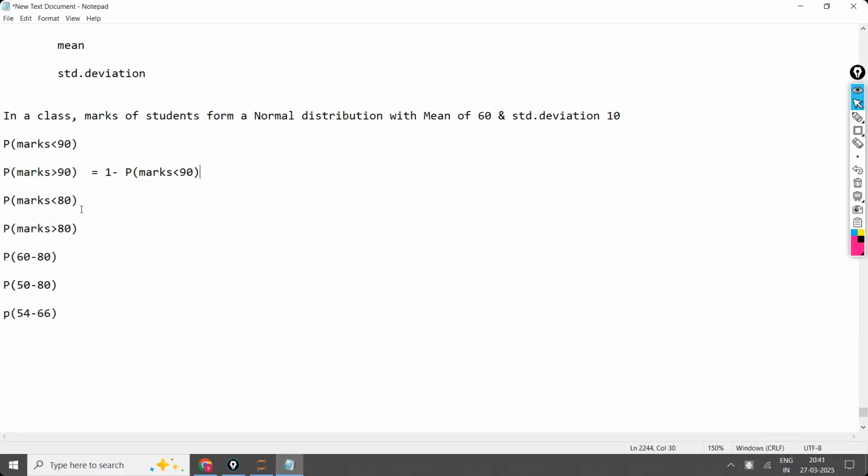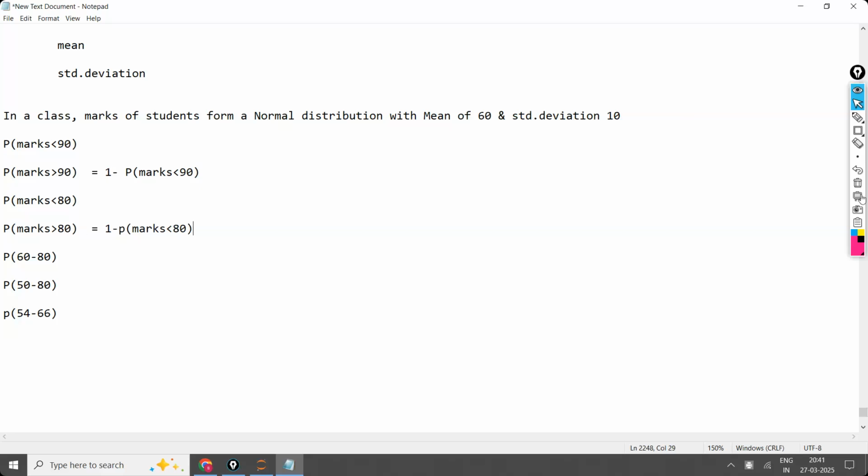Now, let's calculate for marks greater than 80. Greater than 80 is nothing but 1 minus the probability of marks less than 80. First, let us calculate the probability of marks less than 80.